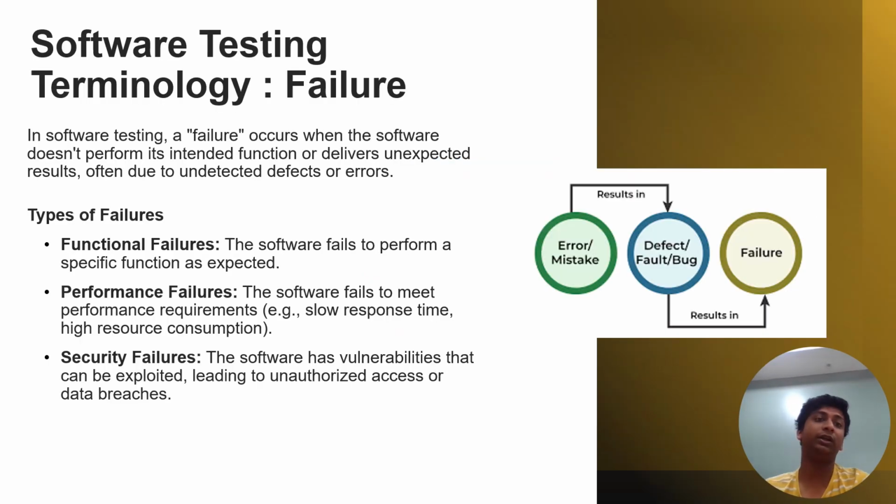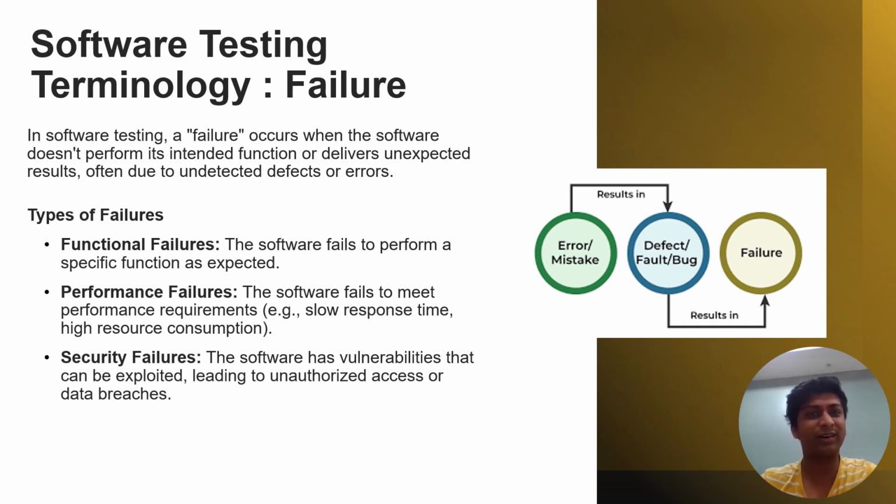Failure. In software testing, there's a terminology called failure. Let's discuss it. What is it? Failure occurs when the software doesn't perform intended functions, or gives unexpected results, often due to unintended defects or errors. Failures occur when, suppose you are doing coding, right, and your system suddenly shuts down.